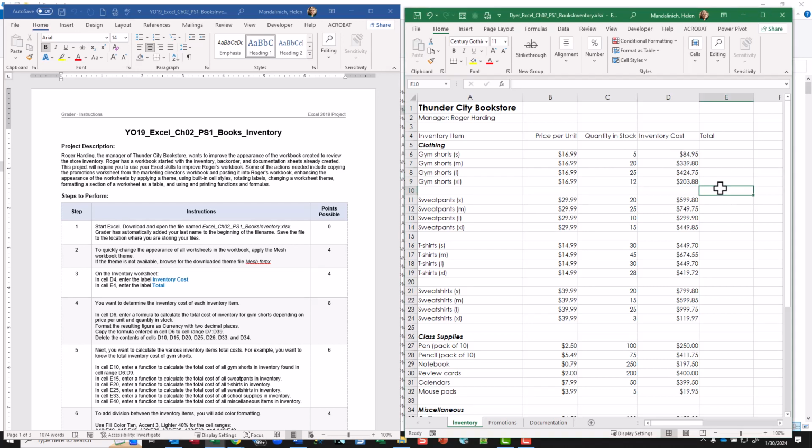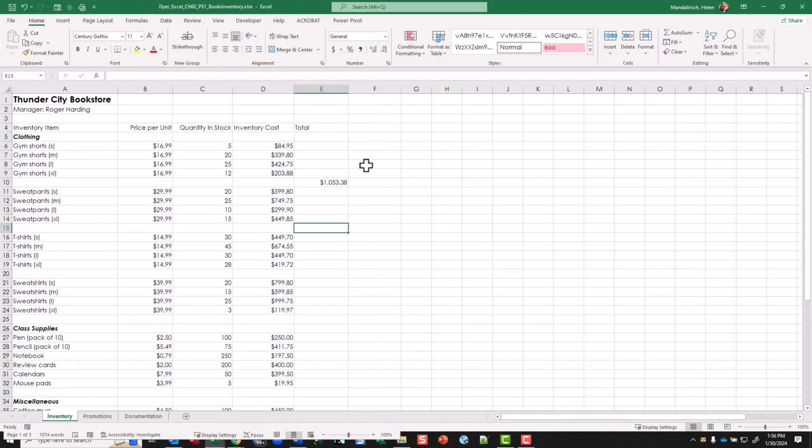So in this cell, we're going to do equal sum, or you could do the auto sum up here, and we're going to select these cells, right? So in total, we have a little over $1,000 invested in gym shorts, right?